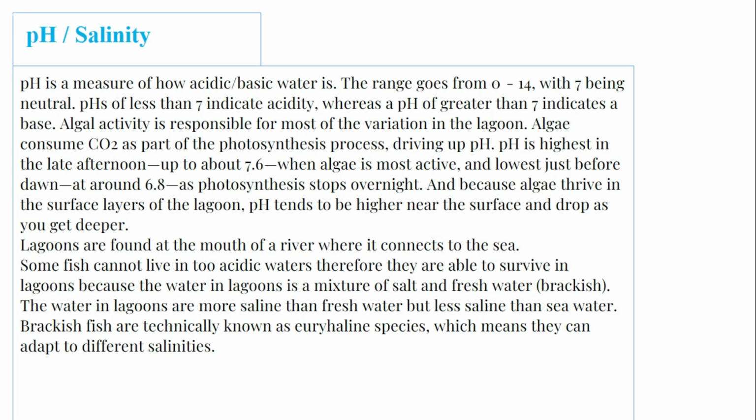Some fish cannot live in too acidic water, but they are able to survive in lagoons because the water in lagoons is a mixture of salt and fresh water, brackish. The water in lagoons is more saline than fresh water, but less saline than seawater. Brackish fish are technically known as euryhaline species, which means they can adapt to different salinities.